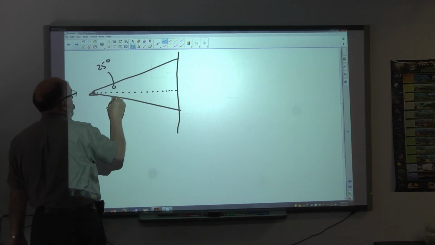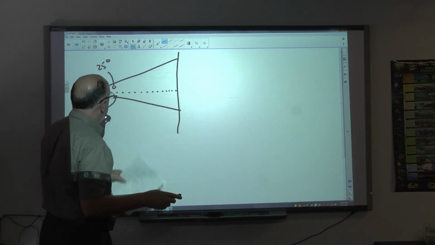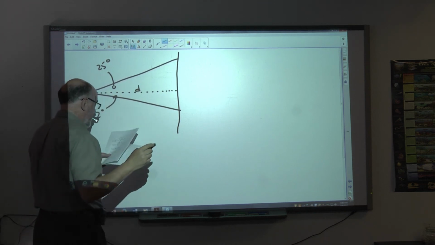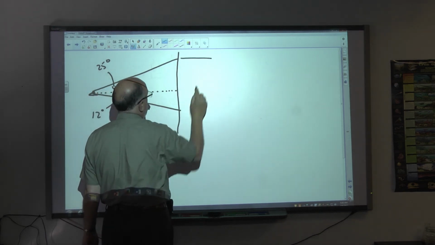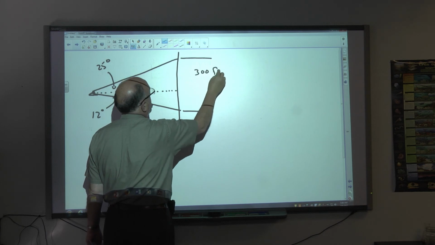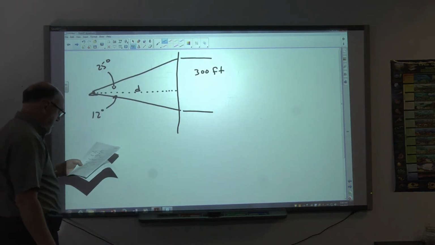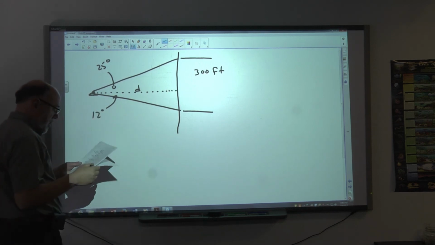We know that this angle is 12 degrees. We'll call this measure from here to here D. And we know from here to here is 300 feet. And we want to know how far we are away from my border there.